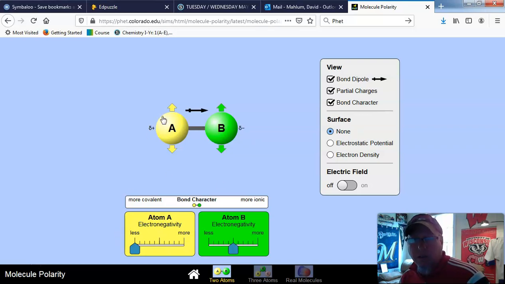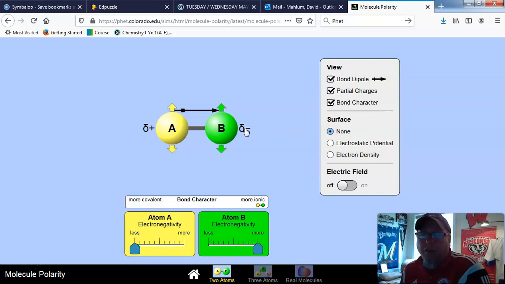So because this one is less electronegative, it starts to become partially positive. And because this one is more electronegative, it starts to become partially negative. And the bigger the difference, the bigger the partial charge, until ultimately it does become ionic.